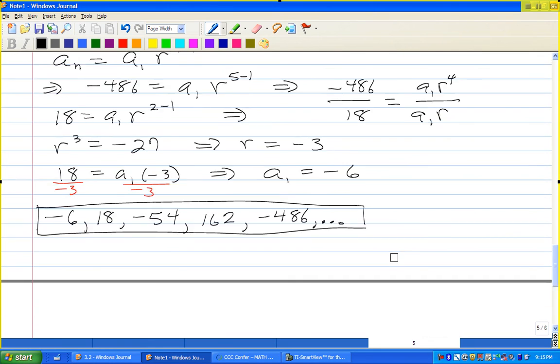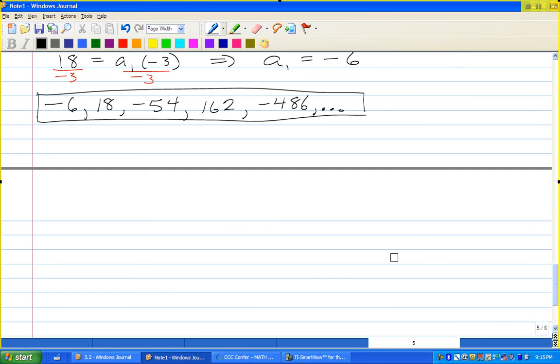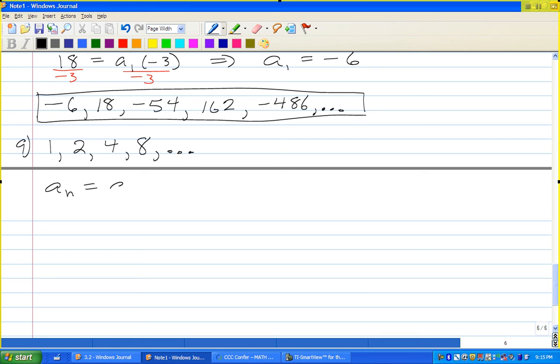To problem 9. 1, 2, 4, 8. In exercises 9 through 14, find the general term for the given geometric sequence. So I know that a sub n is equal to a1 r to the n minus 1.